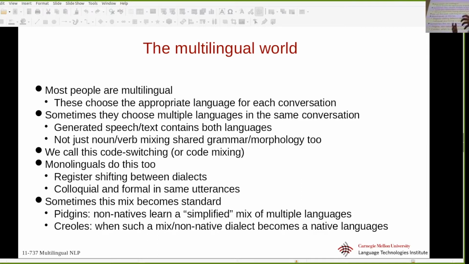So you get two languages in the one space, okay? And this can actually even get within the word, especially where we have a rich morphology language, where you're borrowing a word and then you're doing something to it. You're adding some form of conjugation to it. You're doing plural from one language to the other, so it's relatively common. When we do this, we call this code switching or code mixing.